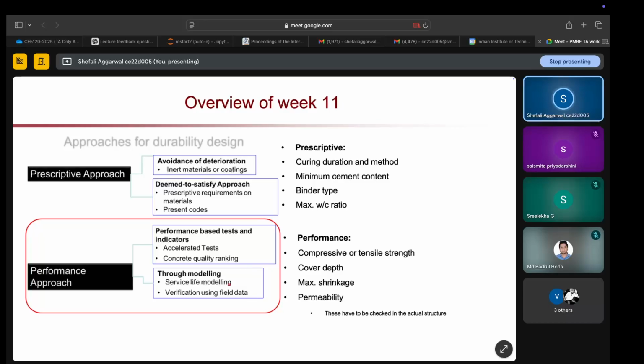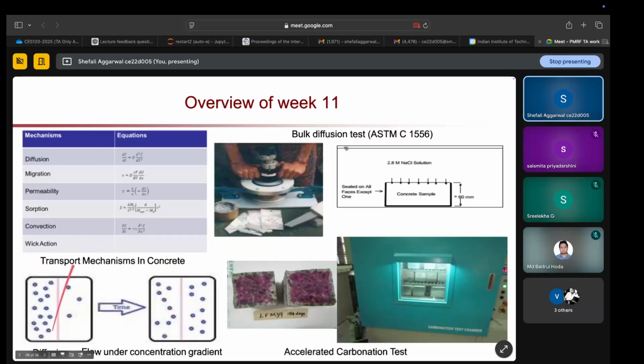The other is using modeling methods, like service life modeling or verification using old field data. So in performance, what will come? Your compressive strength, tensile strength, cover depth, shrinkage, permeability, and all other tests which we will be reading in our further lectures.